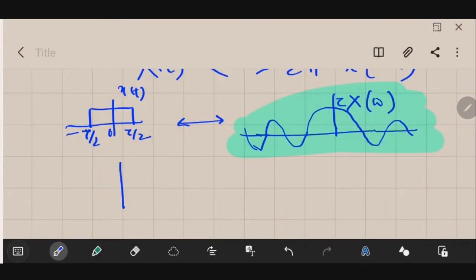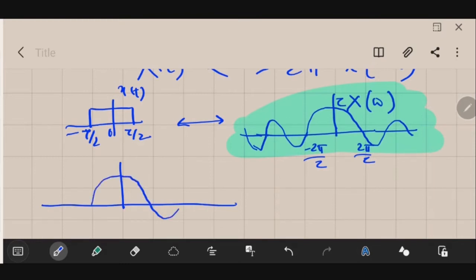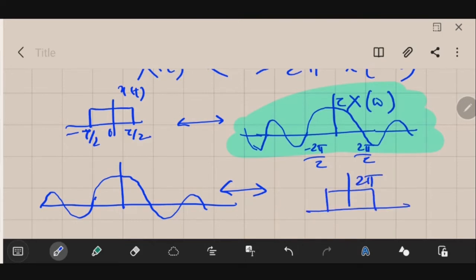Let's say this is tau, and this is minus 2 pi by tau, and this is 2 pi by tau. Let's say this is the Fourier transform. Now somebody is asking you to find the Fourier transform of this signal, which is the Fourier transform of that x of t. Then it could be written in this way. Then it will be how much? It will be 2 pi times x of how much? Minus omega.